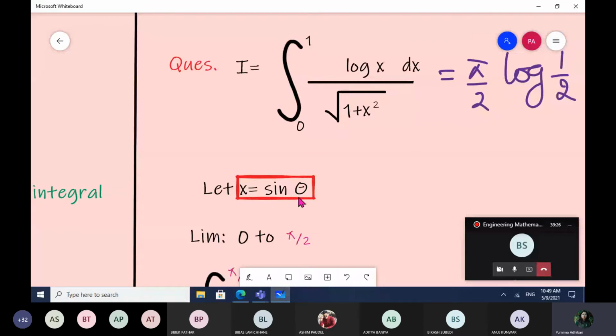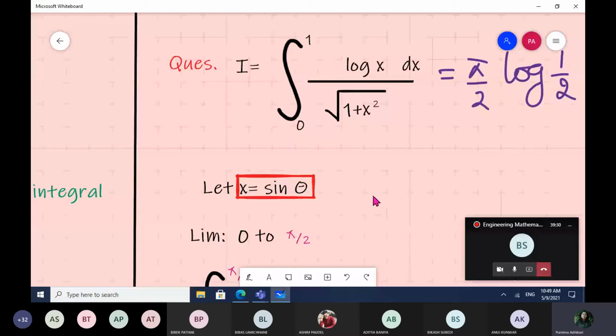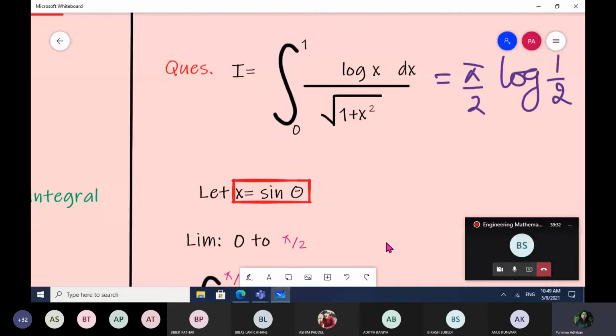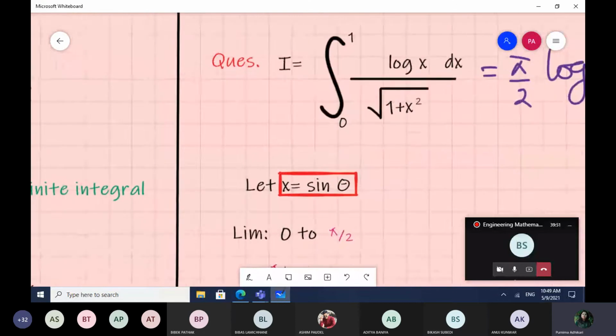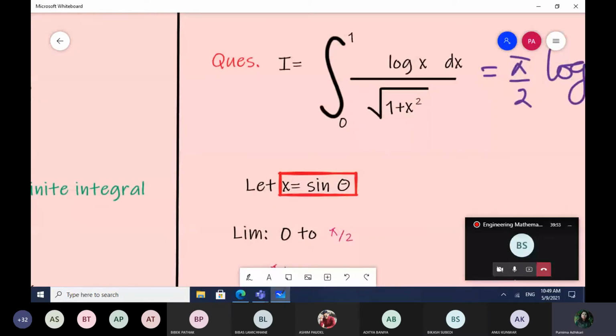So x equals sine theta, and then you have to change the limits of integration as well. What will be your new limits of integration? When x is 0, what is your theta? 0. When x is 1, what is your theta? π/2. So your new limits of integration will be 0 to π/2.